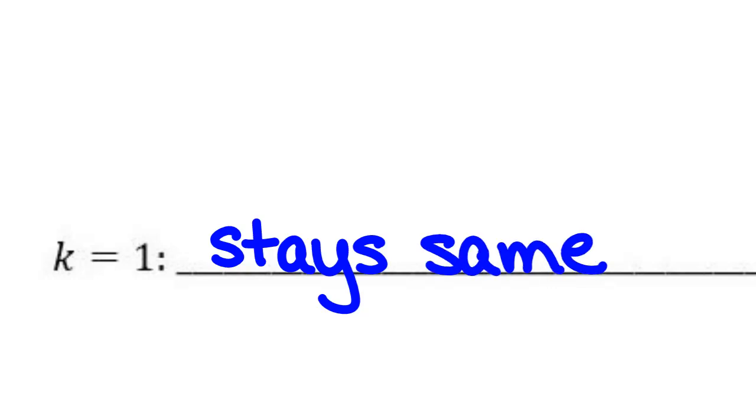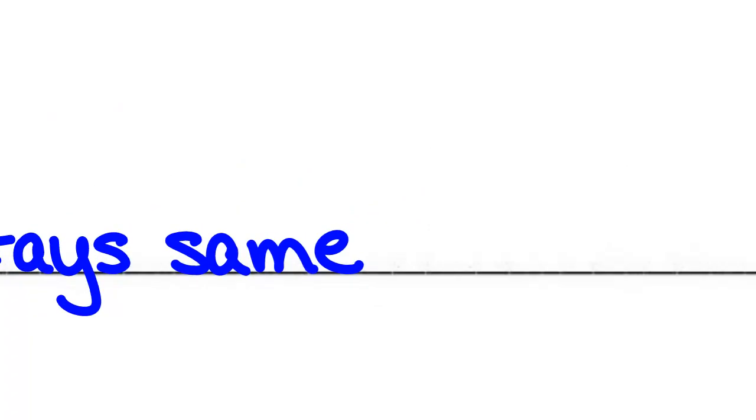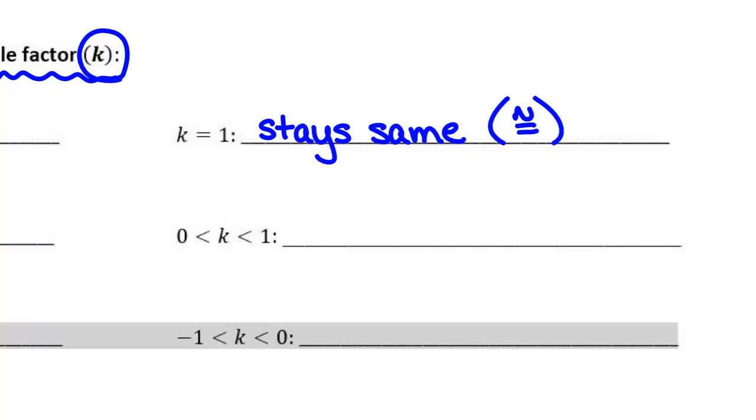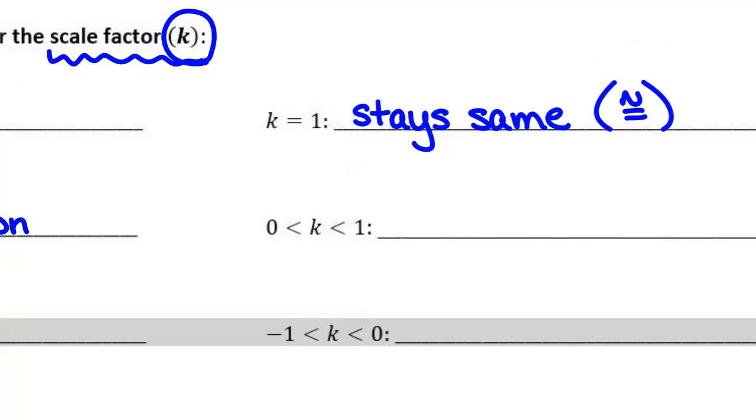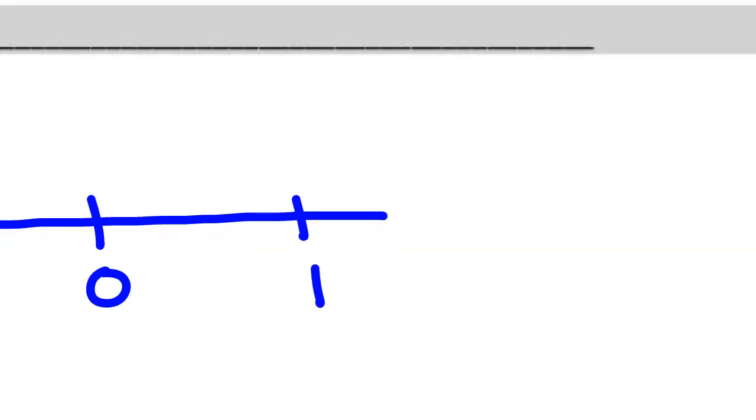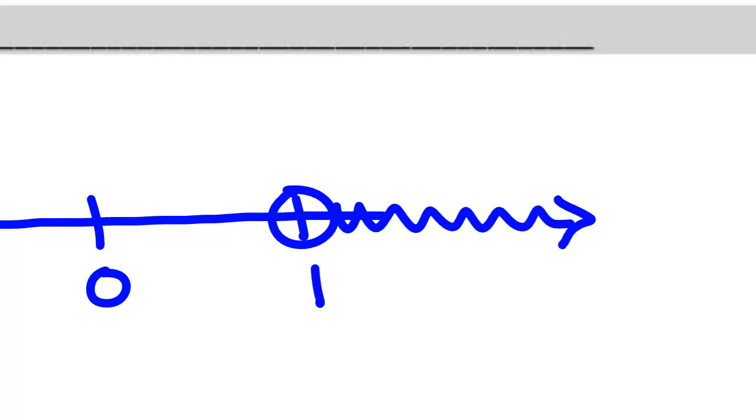When my scale factor is 1, I'm going to get another shape that is exactly the same size as my original shape. In that case, it would be congruent. I would have 2 figures that are the exact same size and the exact same shape. I'm drawing a little number line so that we can see what we've already said.